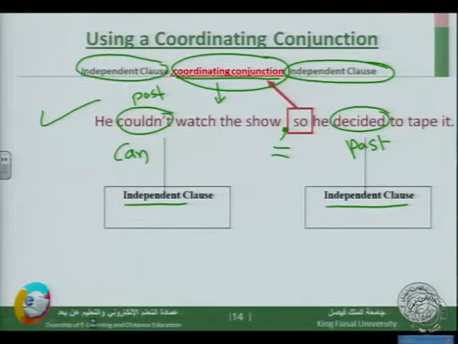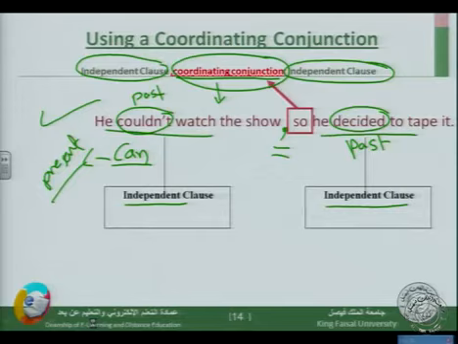So if a sentence is in the past, the other should be in the past. يعني ما بقدر أحكي he can watch the show, so he decided to tape it. هذا خطأ لأنه كان present. We can't switch from present to past or from past to present. This one should be in the past and the other should be in the past.